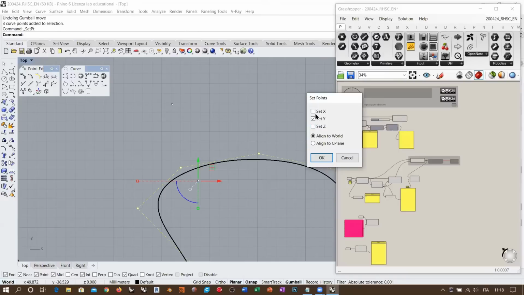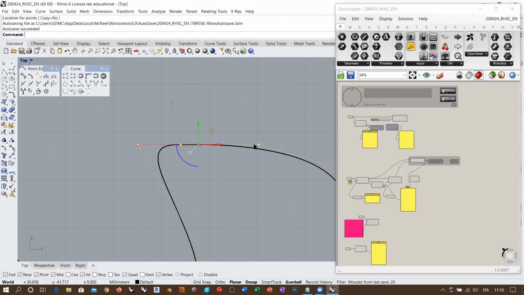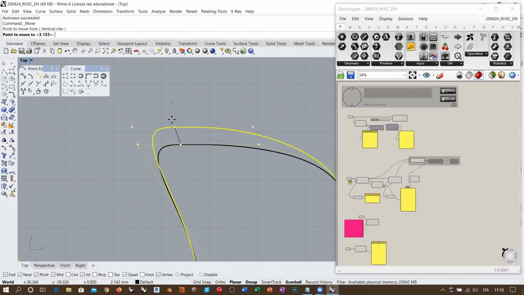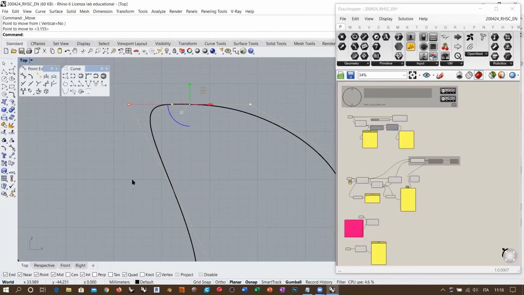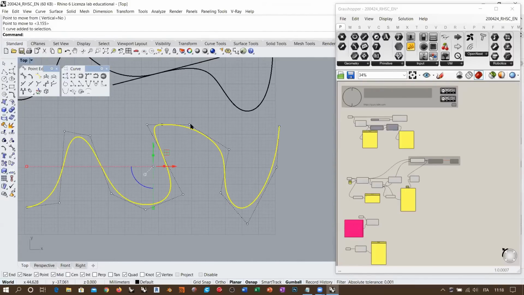I will pick Y in this case. And I am aligning these 3 points in their horizontal direction, okay? And then I take these 3 points and move them in order for this point to be coincident with this one. So we are already defining this curve's tangency according to this horizontal direction, okay?